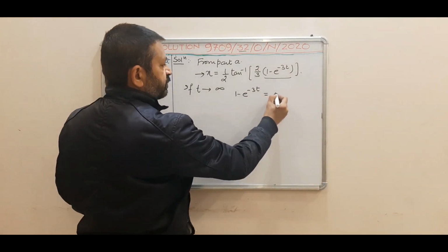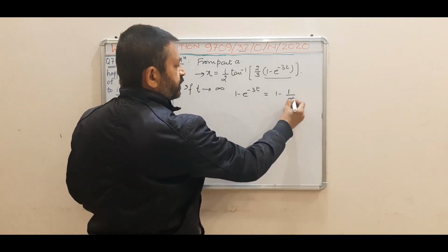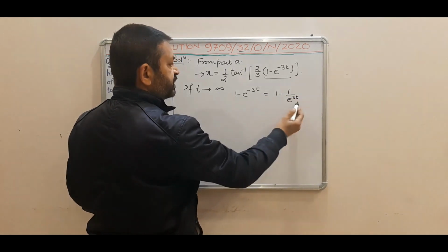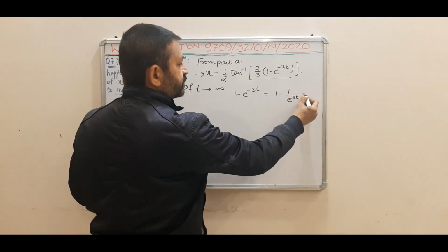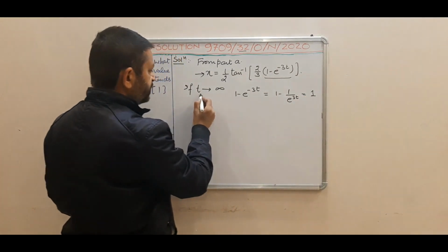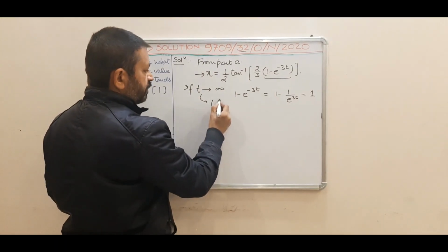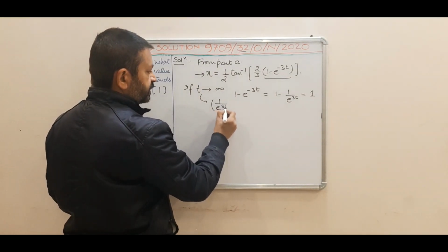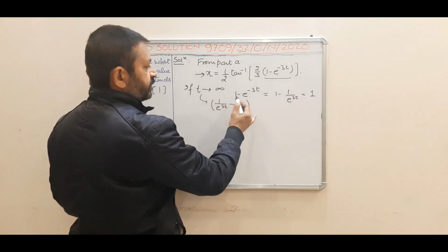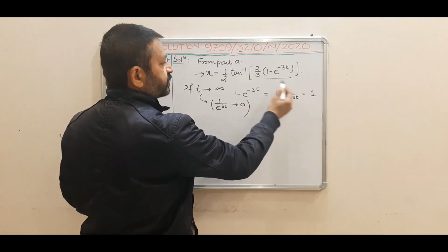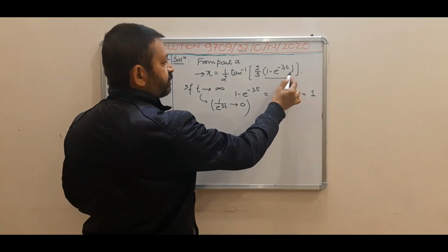So we have 1 minus e raised to minus 3t, which will become 1 minus 1 upon e raised to 3t. As t tends to infinity, 1 upon e raised to 3t tends to 0. So 1 minus e raised to minus 3t will become 1.